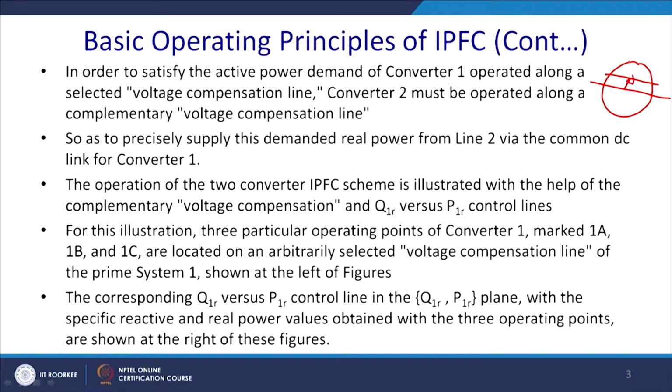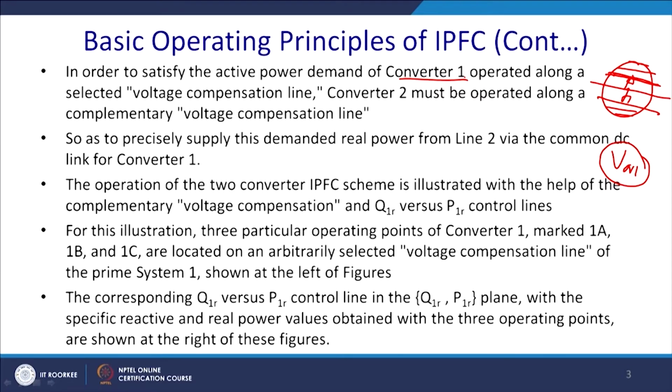So, you have to give a little real power or absorb a little real power, and in this line you have compensation of the reactive power which can be manipulated by changing the angle, because essentially what you are changing is the amount of V1Q. Ultimately you can operate anywhere, but as you increase, your compensation decreases.